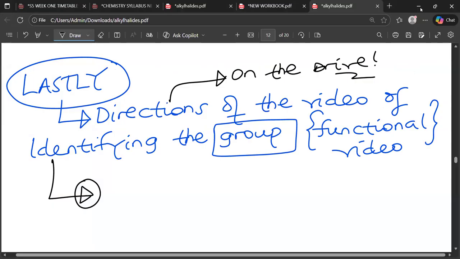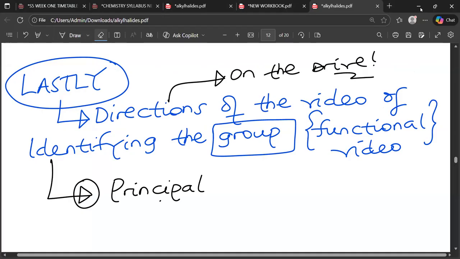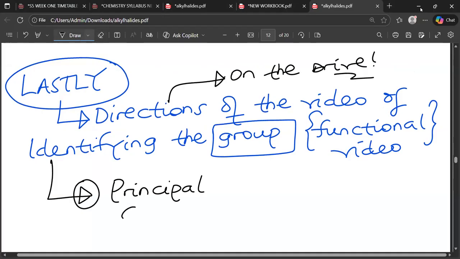So you go to principal chemistry. You can take a screenshot after the directions are done so that you follow up later.